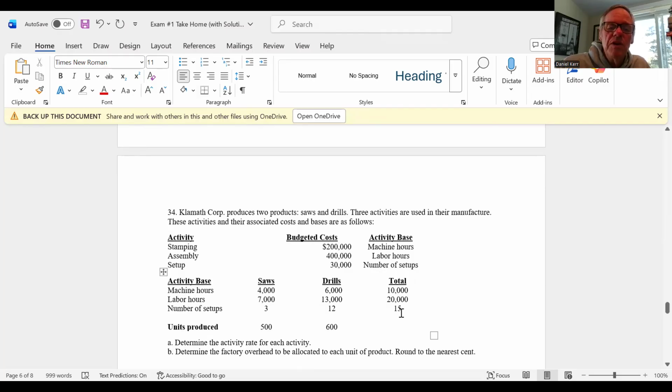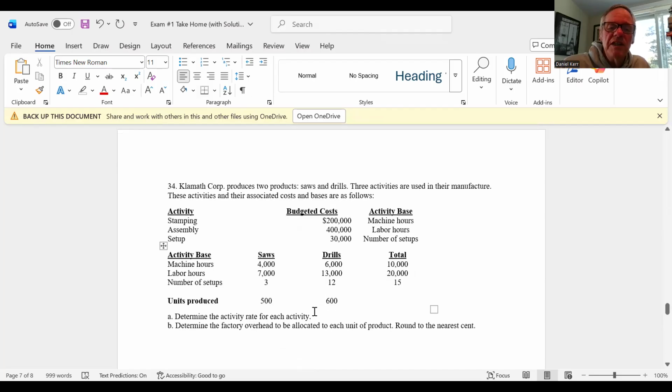So when you come up with the actual, you had to determine the activity rate for each activity. So machine hours were 10,000, labor hours were 20,000, and number of setups was 15. So these are the numbers here that you use for the rate to use for activity.